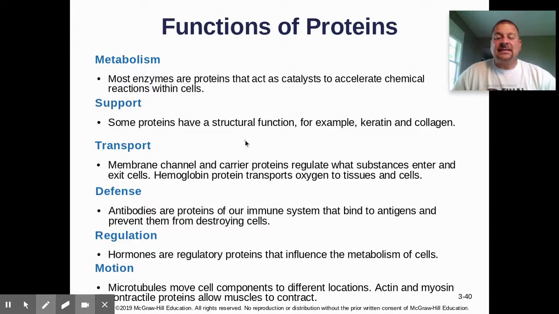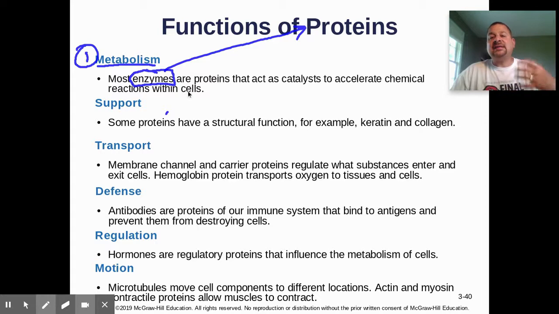There are 6 main functions of proteins, so you can see their role in cells and living things is quite diverse. First off, number 1, metabolism. Remember, that's the sum of all chemical reactions happening in the cell. Well, a lot of proteins are enzymes. Enzymes are protein catalysts in living things.